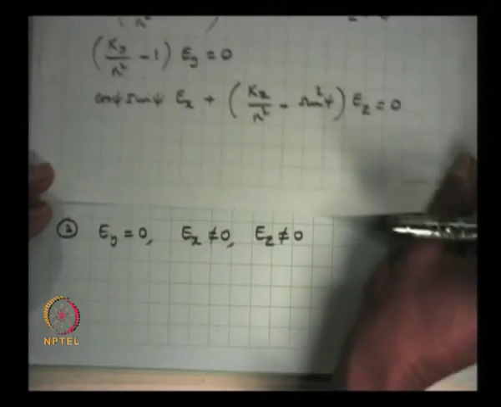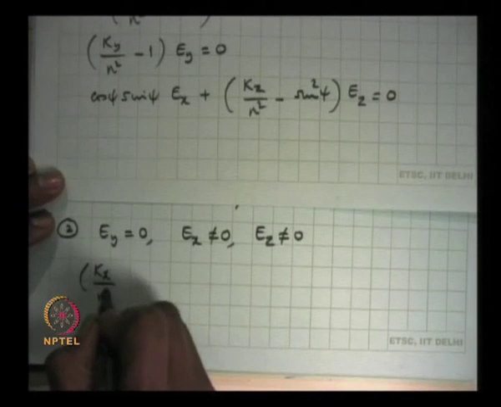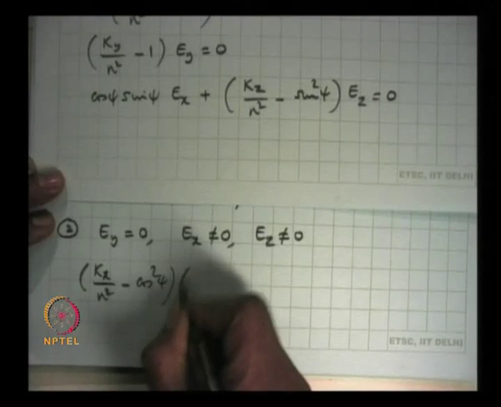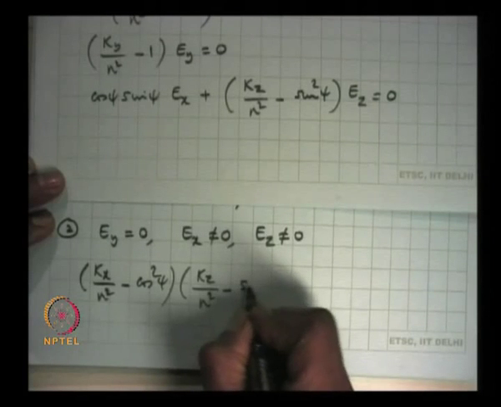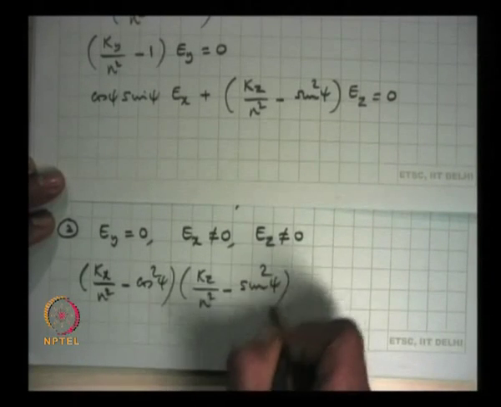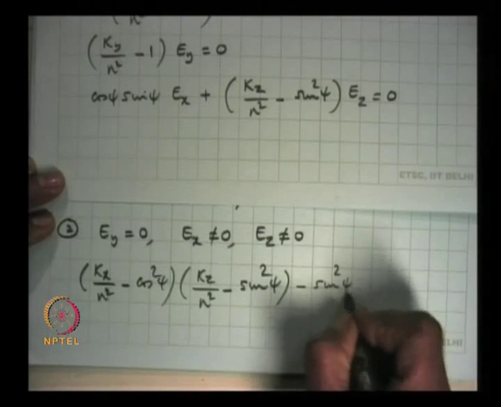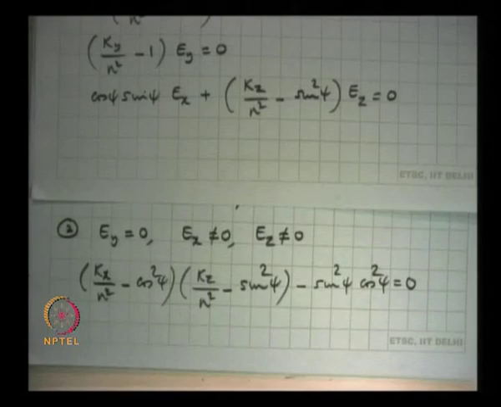So, this gives me (k x by n square minus cos square psi) into (k z by n square minus sin square psi) minus sin square psi cos square psi is equal to 0.